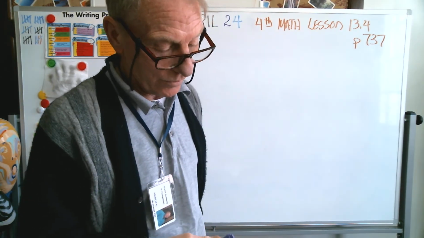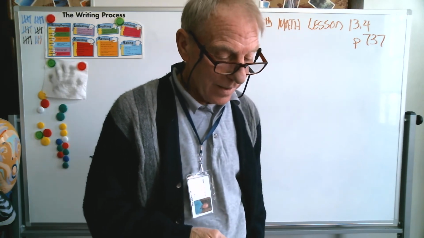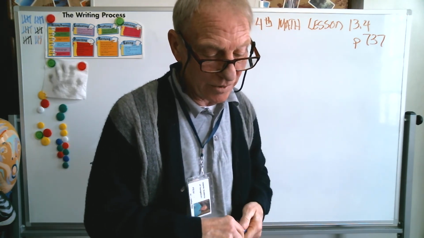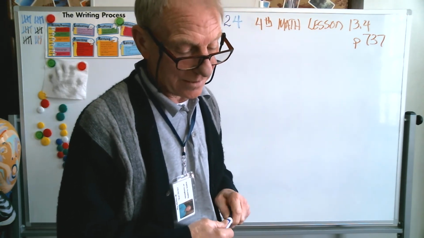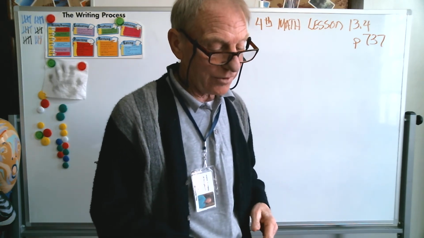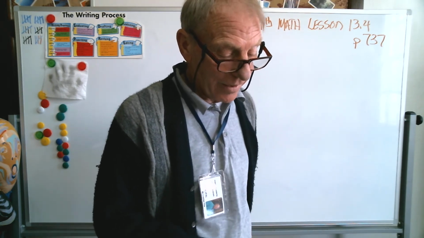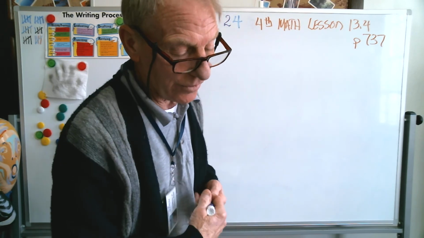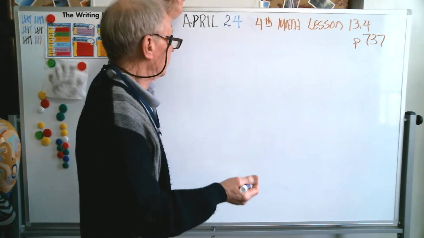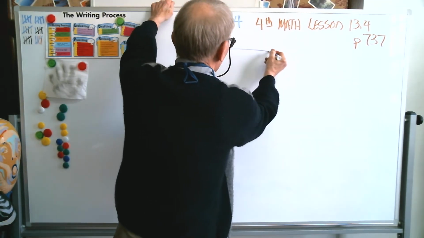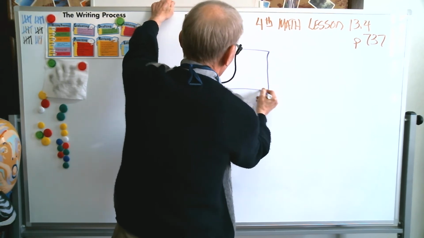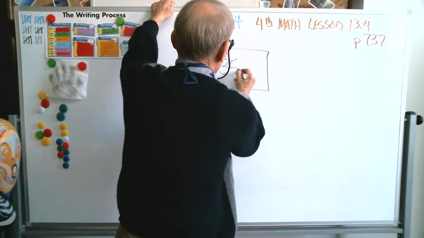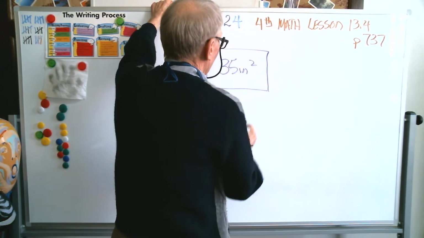I'll do one of those. Number 2, Natalie used 112 inches of blue yarn. No, that's another perimeter one. Let's do number 1. The area of a rectangle photograph is 35 square inches. So we've got a photograph that's rectangular, and we know that it's 35 square inches.